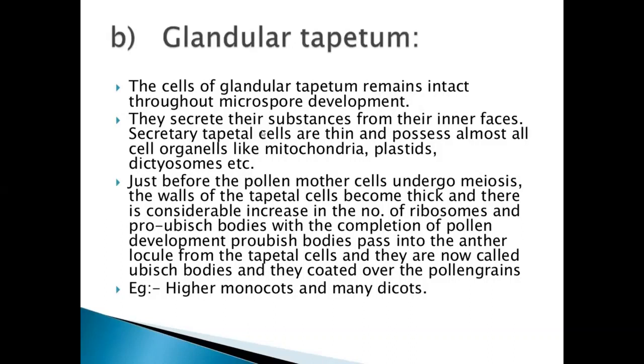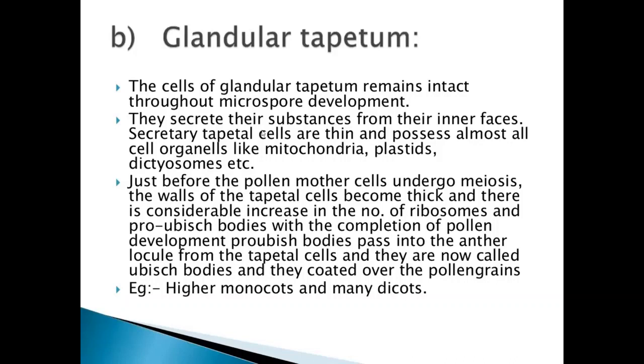In this, the cells of the glandular tapetum remain intact throughout the microspore development. They secrete their substances from their inner faces. The secretory tapetal cells are thin and possess almost all cell organelles like mitochondria, plastids, and dictyosomes.